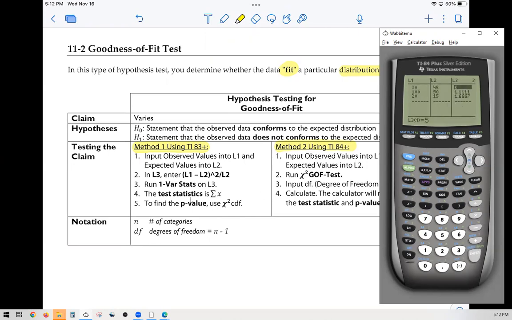And to get the test statistic, we're going to run one var stats on that third list that we created. So I'm going to go to stat, calc, one var stats, and I'm going to run it on L3. And the test statistic is the sum of the x's, which is right here, 7.77.